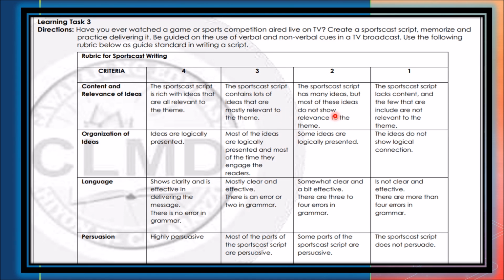For 2 points, the sportscast script had many ideas, but most of these ideas do not show relevance to the theme. And 1 point, the sportscast script lacks content, and the few that are included are not relevant to the theme.